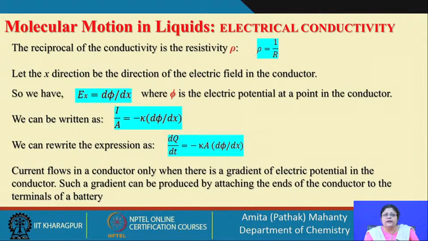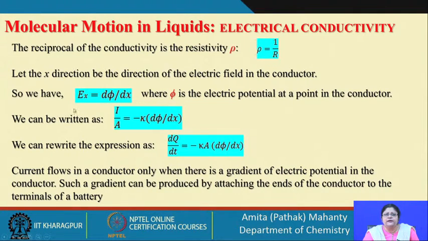So, it is also 1 by kappa, 1 by R. Both the definitions can be taken into account. So, the reciprocal of conductivity is resistivity rho. So, if I have say a conductor in an electric field, then let the x direction be the direction of the electric field in the conductor. Then what can we say?